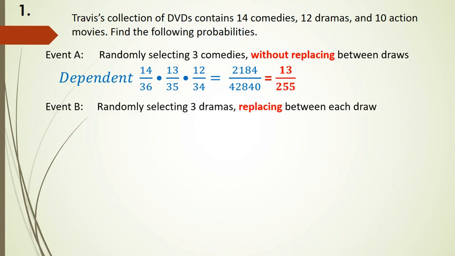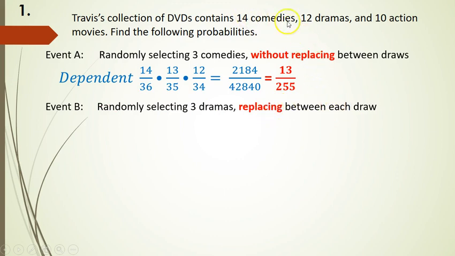Part B says randomly selecting 3 dramas with replacing them between each draw. That means we start with 36 here, but if we take one away and put it back, it still remains 36. We had 12 dramas, so this problem is going to be independent because we replace between each draw.